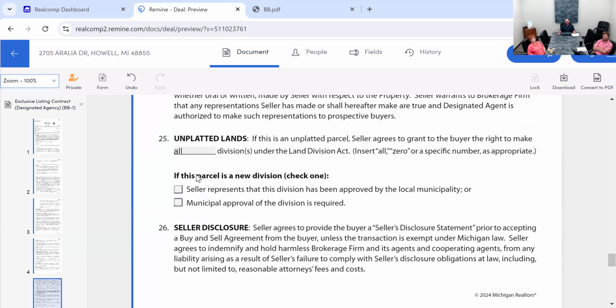Seller represents the division has been approved by the municipality, or it still needs to be requested. How do we know if it's a new division or not? I guess when you go into public record and look at the property, is that property a portion of a property? Are you selling 5 acres of a 10-acre parcel, or are you selling its own parcel?